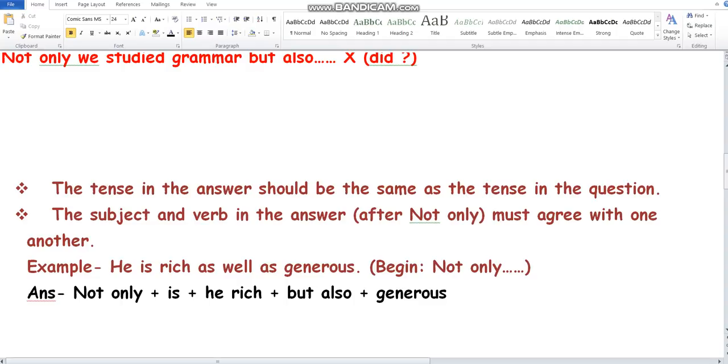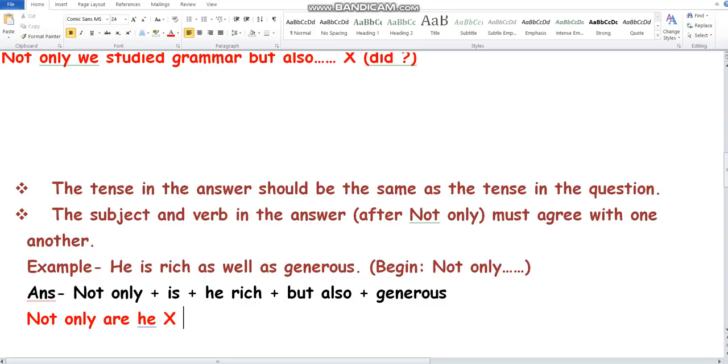What I am trying to say is that since the subject, that is he, in the question is singular, the verb in the answer too will be singular. Hence, not only is he, and not only are he.